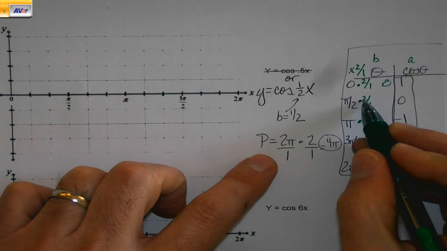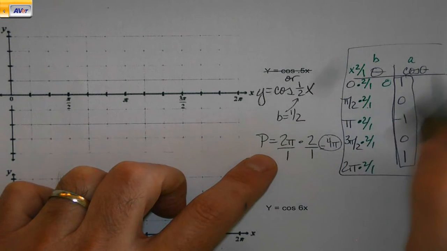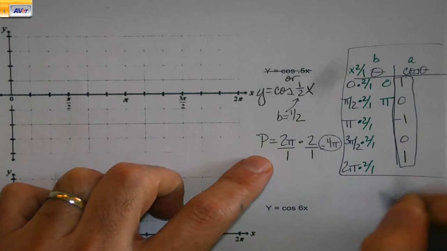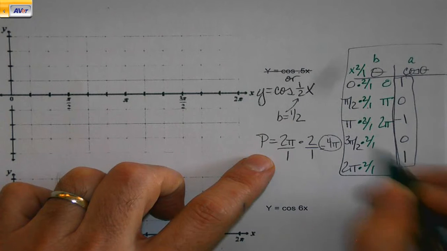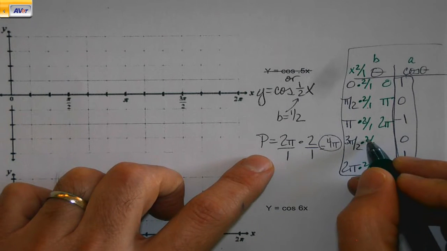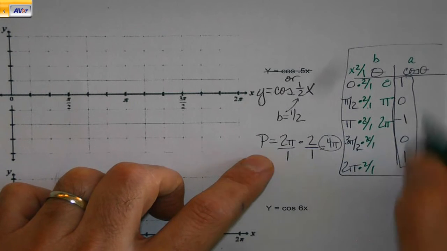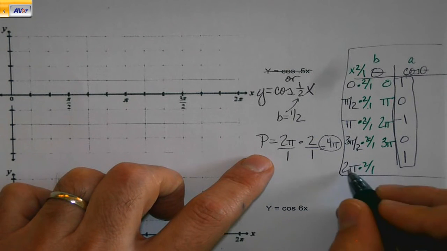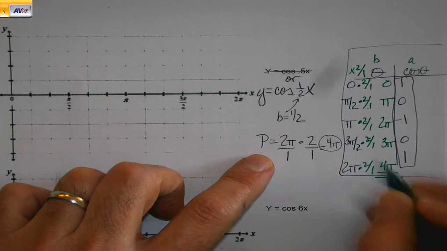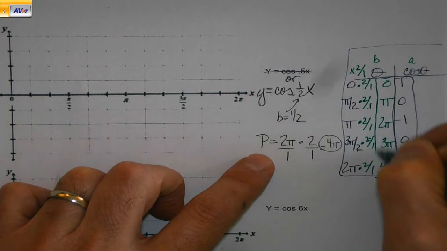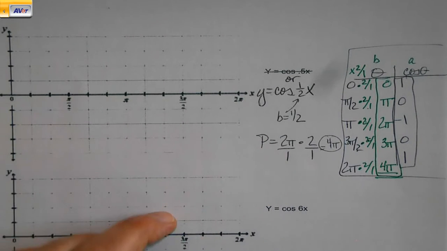Pi times 2 would be 2 pi divided by 2 is pi. Pi times 2 is 2 pi. 3 times 2 is 6, so 6 pi divided by 2 is 3 pi. And 2 pi times 2 is 4 pi. Bingo! Got the right number. Feeling good.